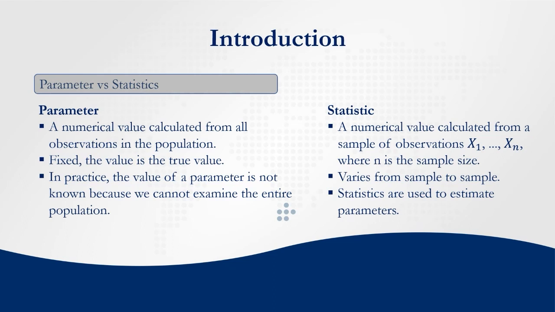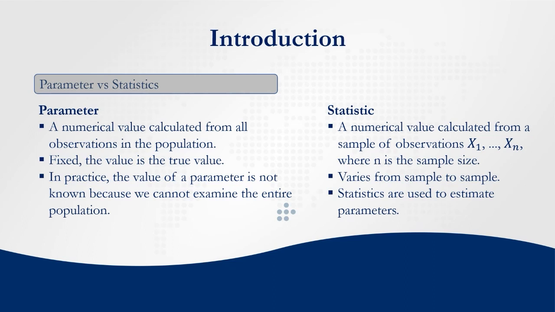It's going to be a value, and the value is fixed because it's a true value. If you measure all the observations, you will get the same amount, given that what you are using to measure is reliable. What is happening in the population is a fixed value.